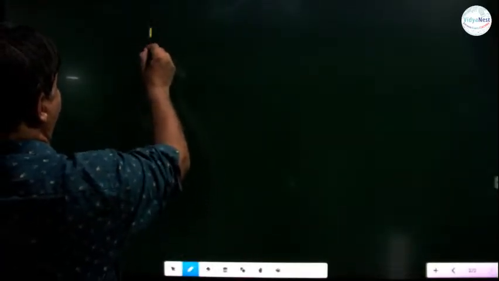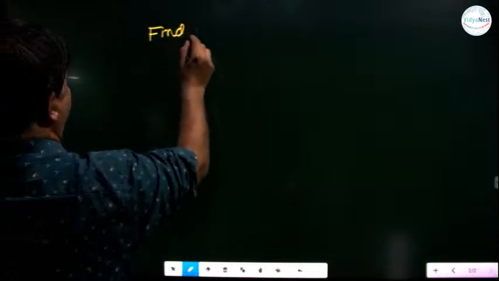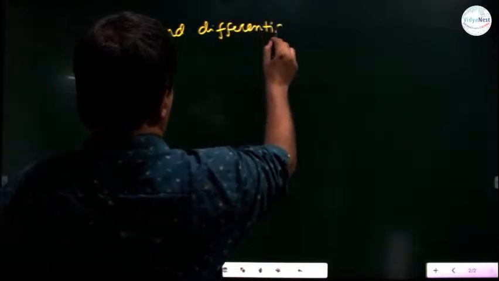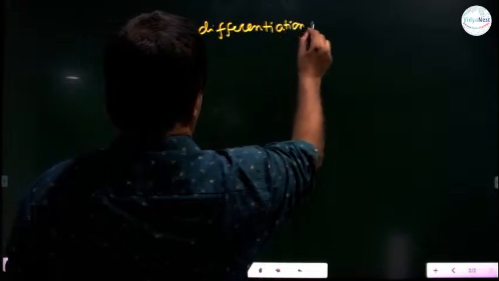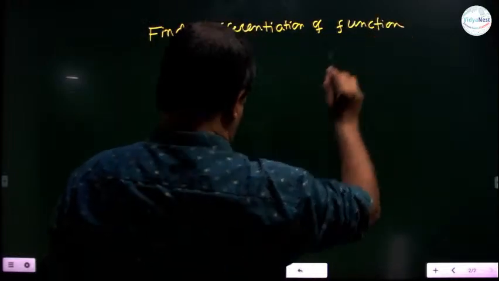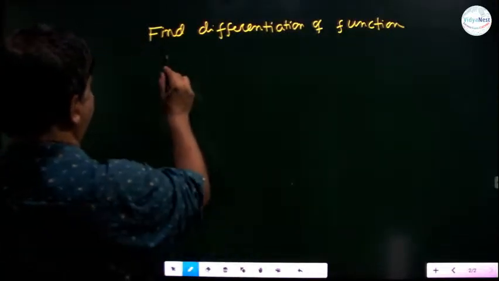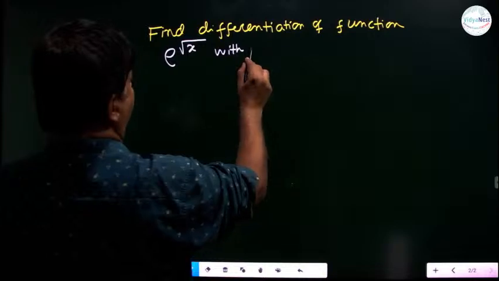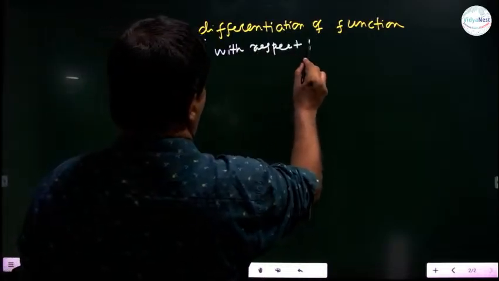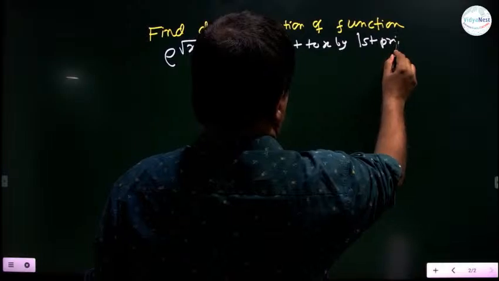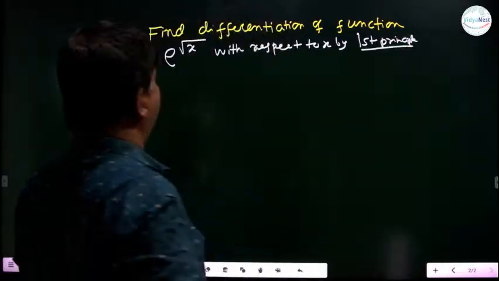Suppose you have got a sum: find the differentiation of the function e to the power root x with respect to x by first principle.